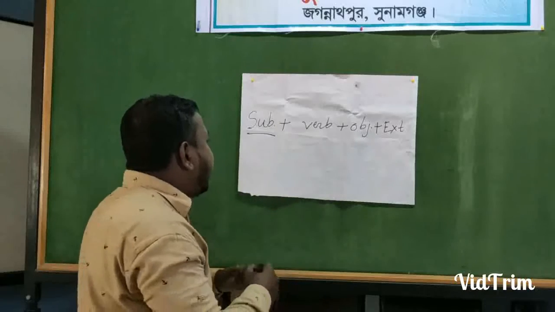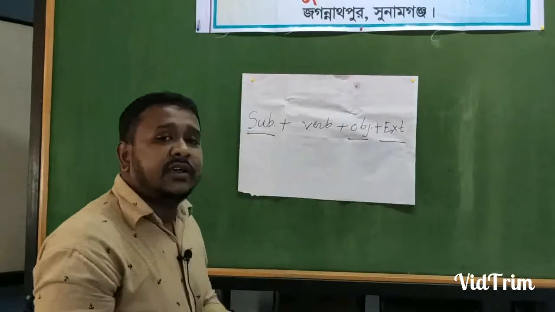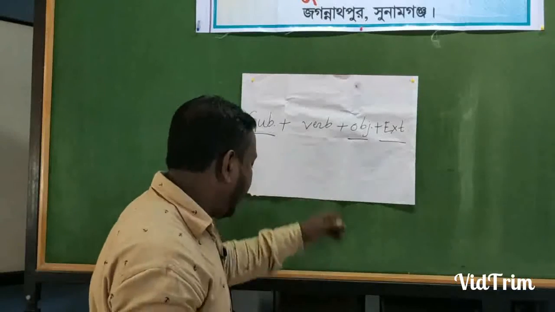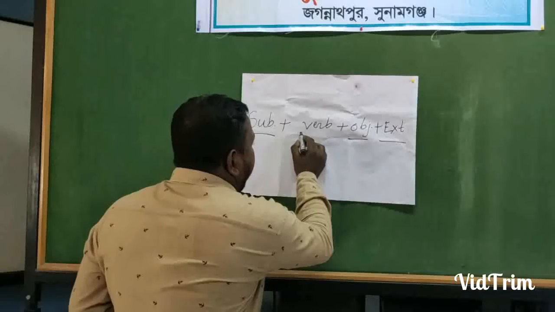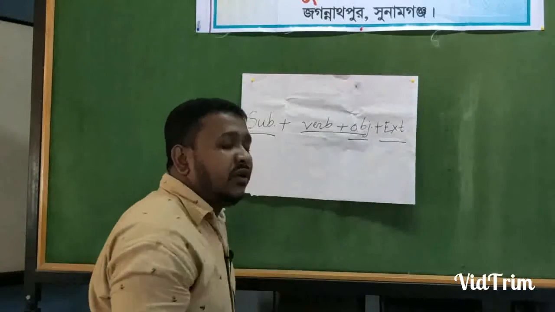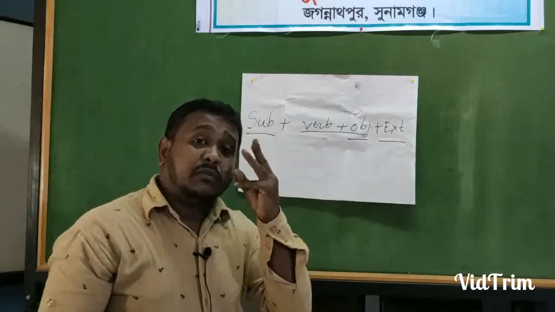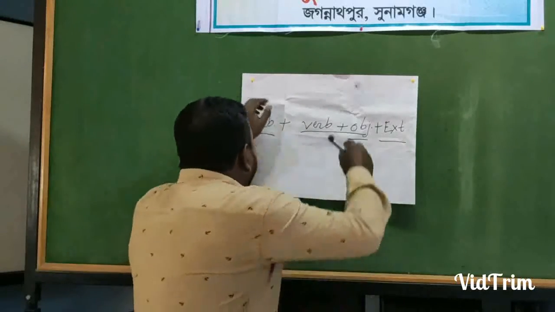If you get the underline on the object or extension, you have to follow another rule. And if you get the underline on verbs and object, you have to follow another rule. So by only 3 rules you can make WH questions.